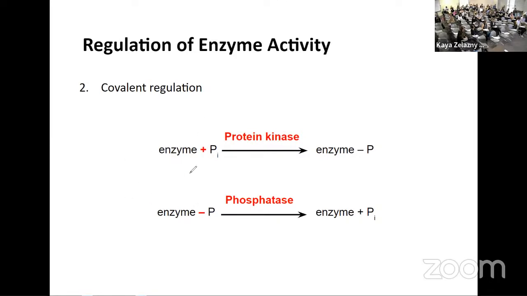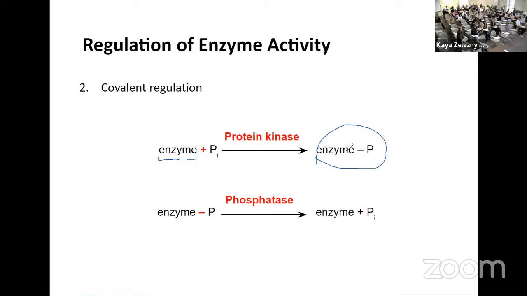So an example of covalent regulation would be if we have an enzyme that gets a phosphate tacked on. The type of secondary enzyme that would do that tacking on, catalyzing that reaction, is called a protein kinase. So the protein kinase would be forming the covalent bond. That's not a minus sign, that's a covalent bond here.